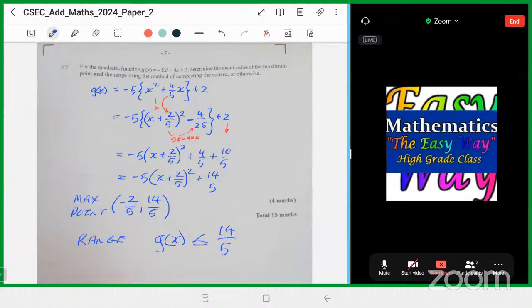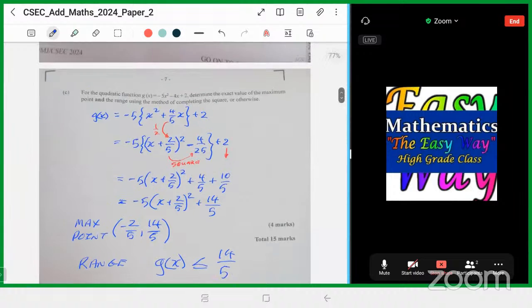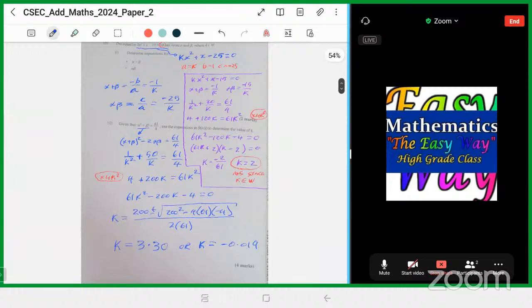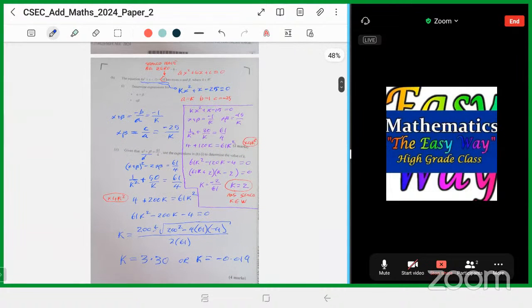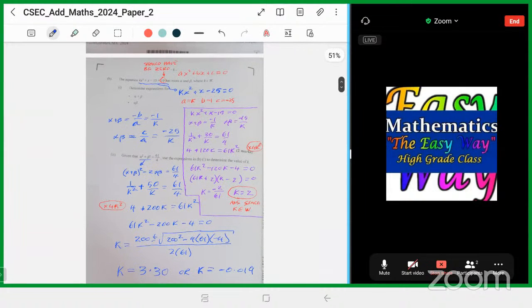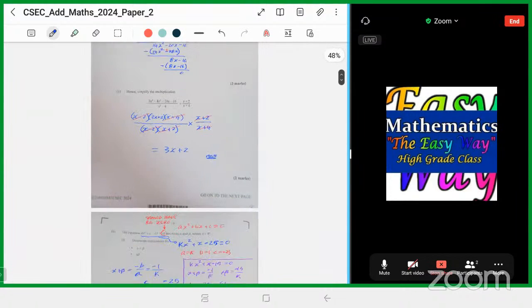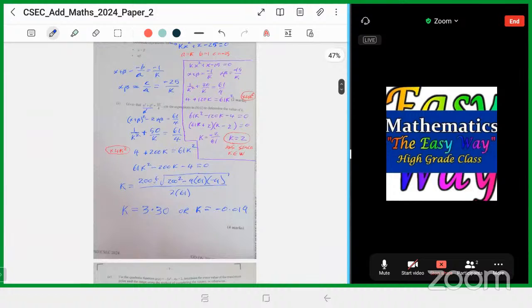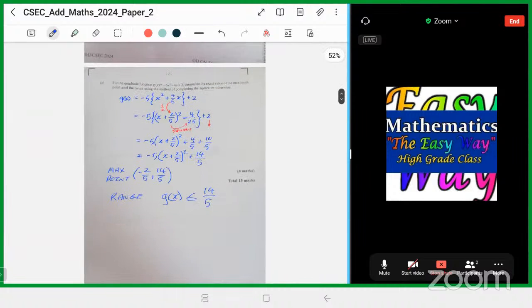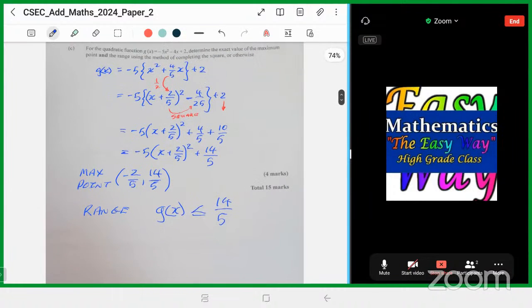Didn't expect to spend so much time on it because of this question right here that was set with an error. This question, unbelievable. Very first question on the paper, set with an error on it. I'm sad for students because of this. CSEC, you need to do better.